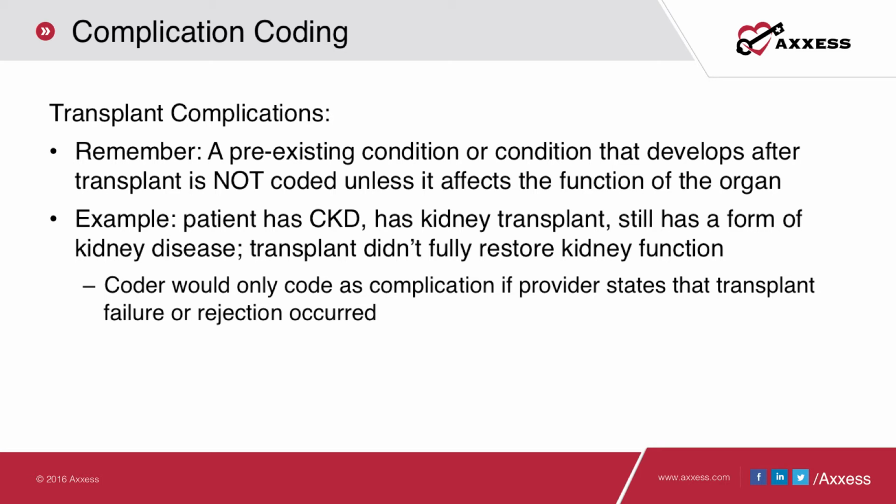In other words, the transplant won't fully restore kidney function if they're getting one kidney and it usually takes two to function properly. In that case, the coder would only code this as a complication, and by that I mean the chronic kidney disease, which they would still have after the transplant. So you would only code the chronic kidney disease as a complication if the provider actually states it that way, if they state that the transplant is a failure or that there's some rejection going on.